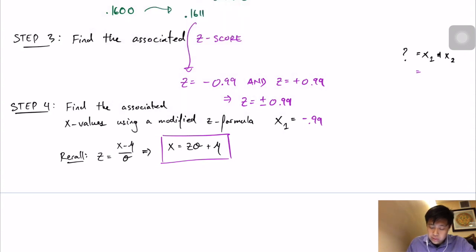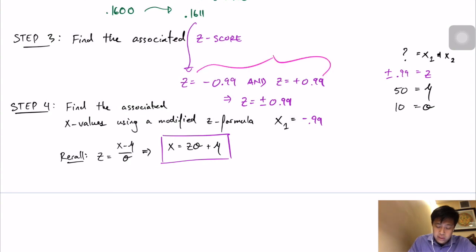The z-scores are plus minus 0.99. Mu itself is again 50. Standard deviation, or sigma, is 10 in this case. The last thing I want to mention is that all of this right here, where we have to worry about 2 sets of z-scores, this also has to do with the asterisk, as I mentioned briefly, that this is unique to when you're working with the middle percentage.